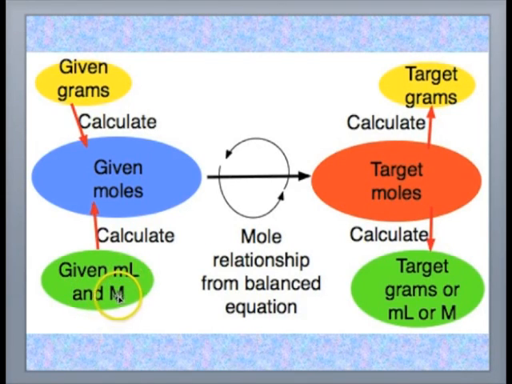We might be given molarity and volume, because molarity times volume is moles. Then again, we use our mole relationship to calculate target moles. After we have target moles, we can calculate milliliters or molarity. The concept of molarity gives us yet another way of doing stoichiometry problems.